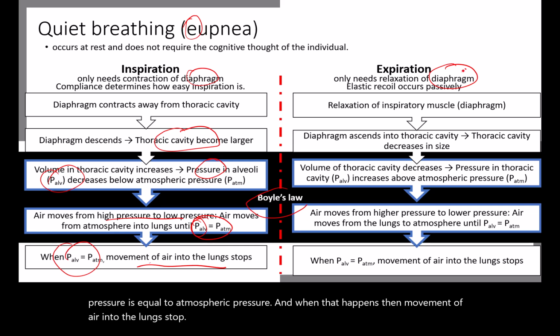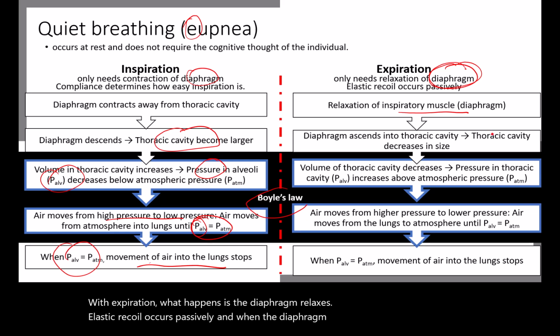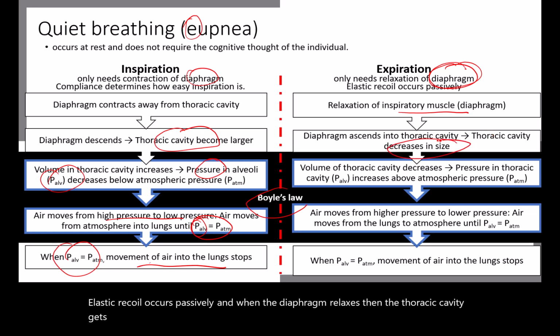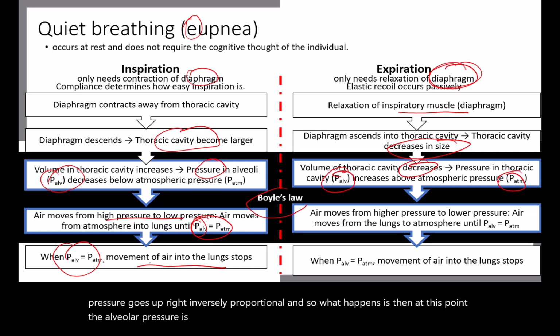With expiration, what happens is the diaphragm relaxes. Elastic recoil occurs passively, and when the diaphragm relaxes, then the thoracic cavity gets smaller. So the volume of the thoracic cavity goes down. When volume goes down, pressure goes up, right? Inversely proportional. And so at this point, the alveolar pressure is greater than the atmospheric pressure.